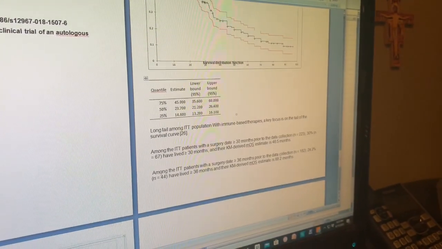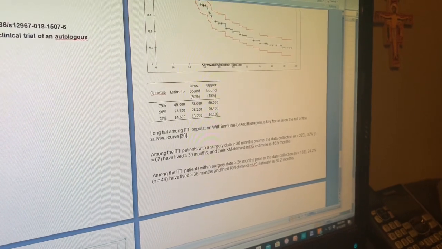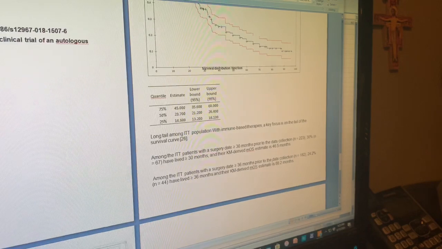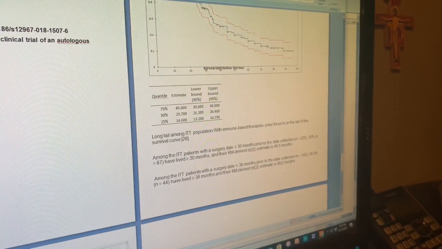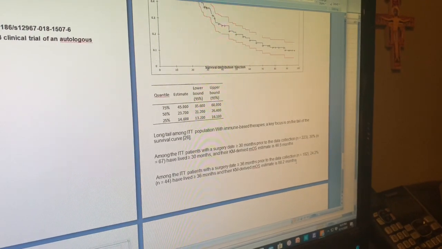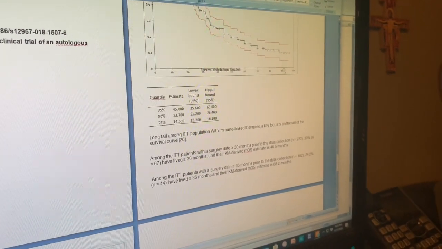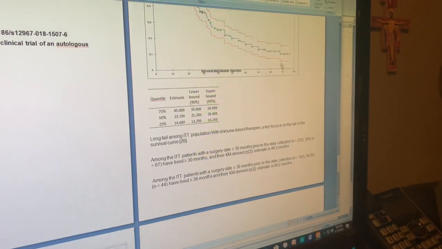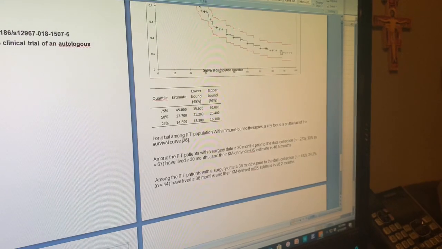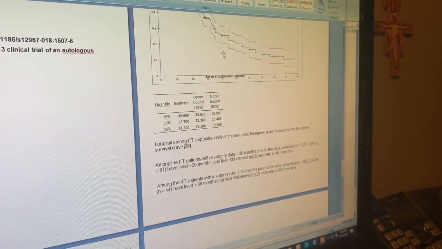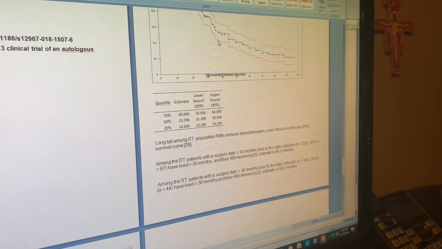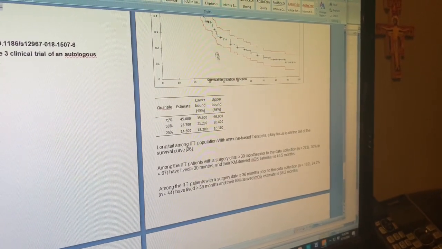And then the more important one showed that after patients had lived greater than 36 months, they had a Kaplan-Meier estimate of 88.2 months, which is really enormous for glioblastoma multiforme to have that long of a survival. So in this one, you come up here to 88.2, which is right here. You come back here to the 36 months, and you can see it's about halfway, which would then be the median survival.